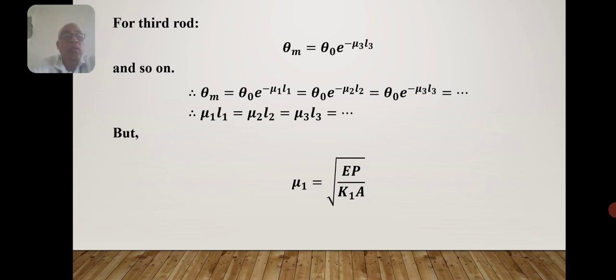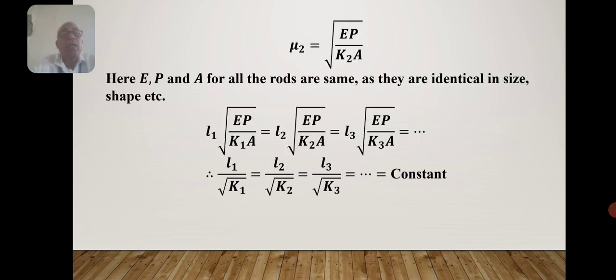But mu1 equals under root of EP upon K1 into A. Mu2 equals under root of EP upon K2 into A. Similarly, mu3 equals under root of EP upon K3 into A. Here E, P and A for all the rods are the same, as they are identical in size and shape.